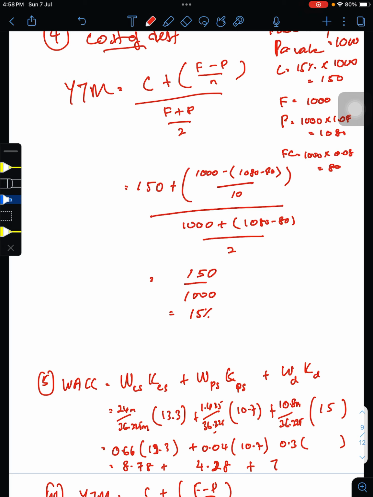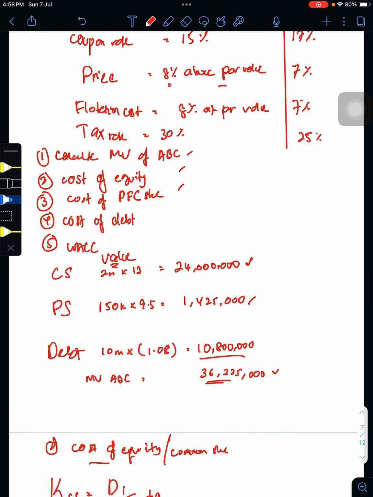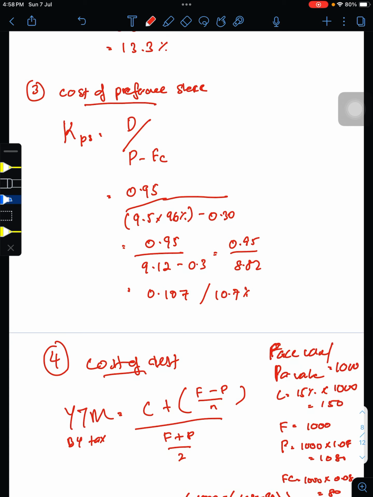Okay, I forgot, cost of debt here is before tax. Remember, yield to maturity is always before tax. So to find KD after tax, cost of debt after tax, it's basically 15% multiplied by 1 minus your tax rate, and in this case your tax rate is 30%, 0.3.